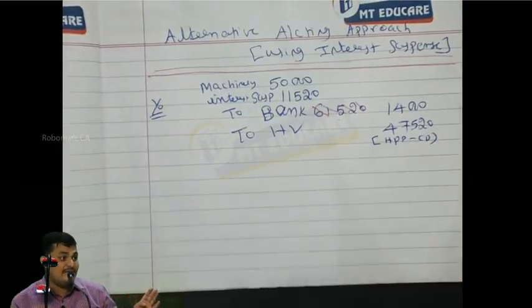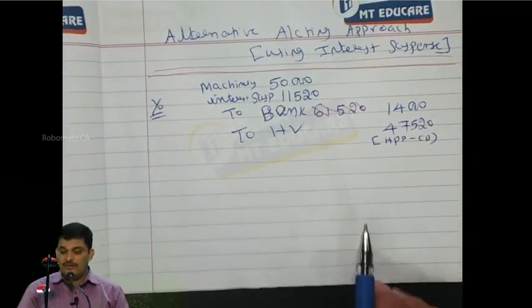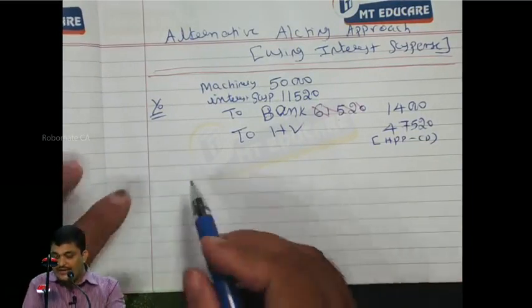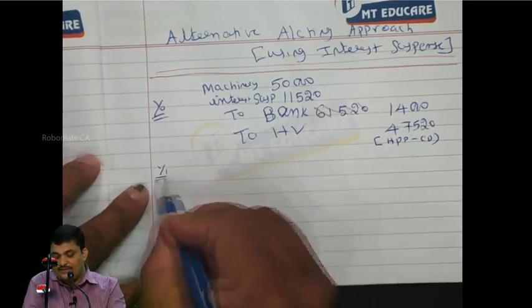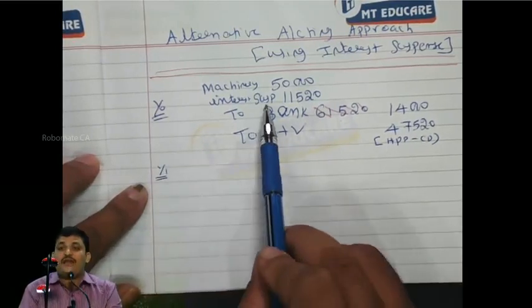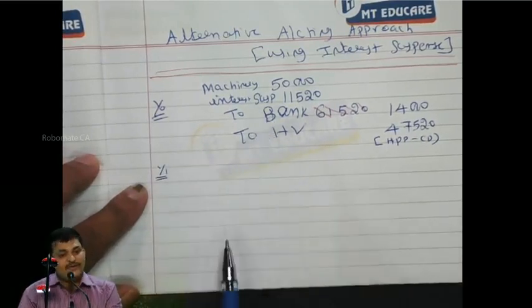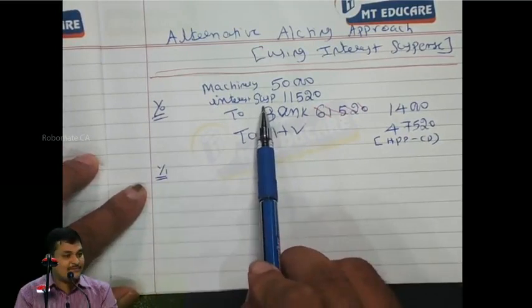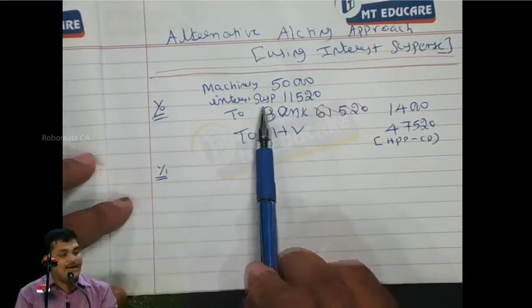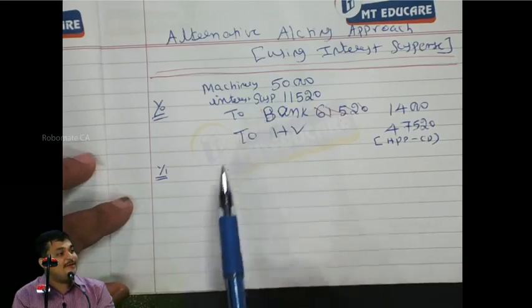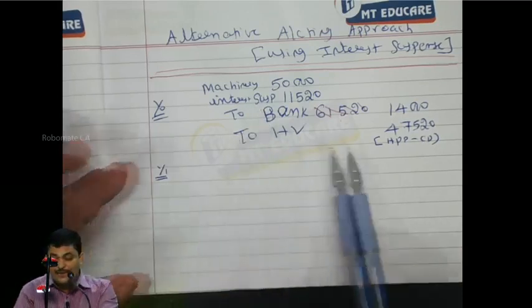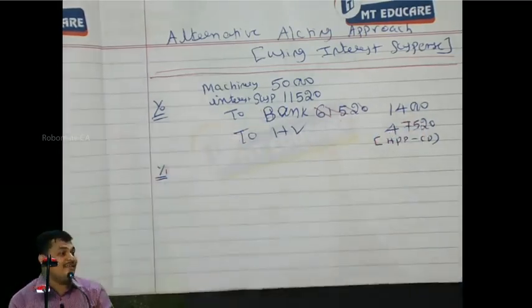Please listen carefully, my dear. What we do is, to book interest at the end of first year, we need to simply transfer from interest suspense to interest. This is recognized as an asset. And simply transfer from interest suspense to interest. Because liability we need not increase, because liability is already increased.